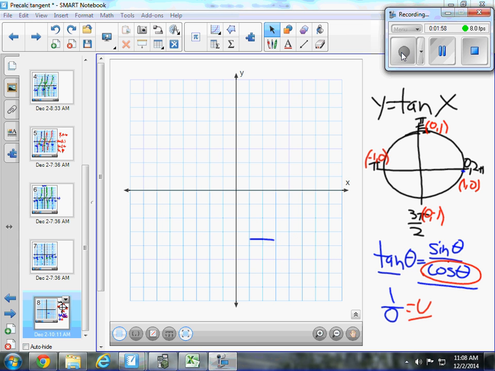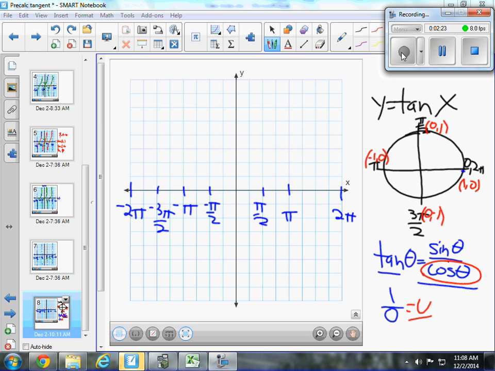So I'm going to make my graph here, and I'm going to say that this is 2 pi, and halfway to the 0 is pi, and then I'm going to go negative pi and negative 2 pi. So this is negative pi over 2, this is negative 3 pi over 2, this is pi over 2, and this is positive 3 pi over 2.